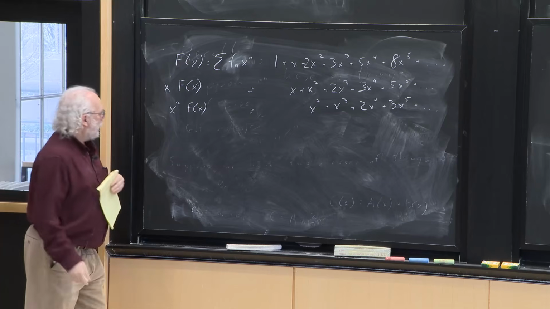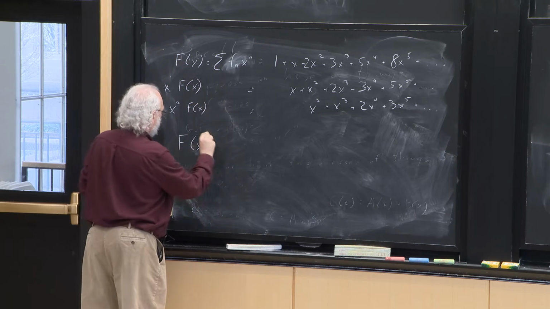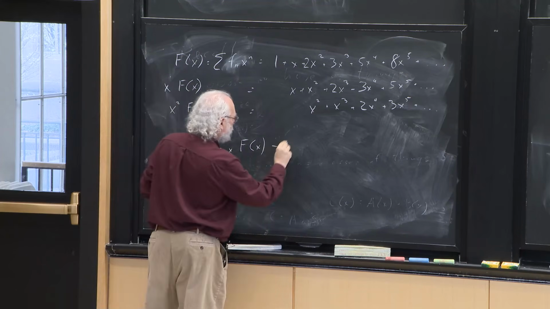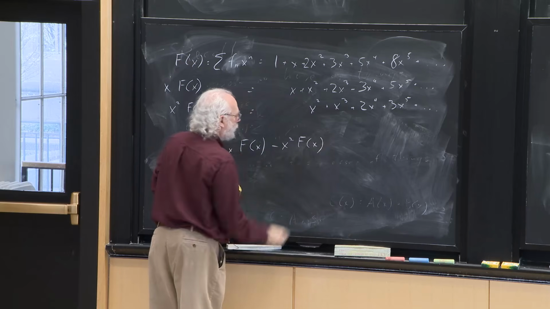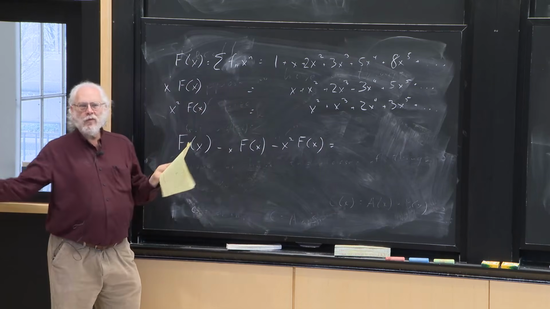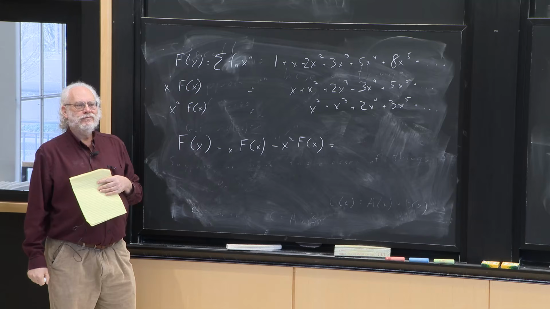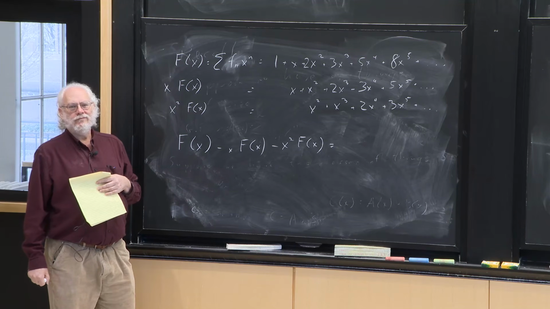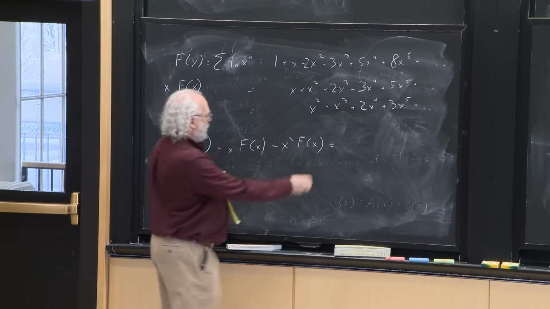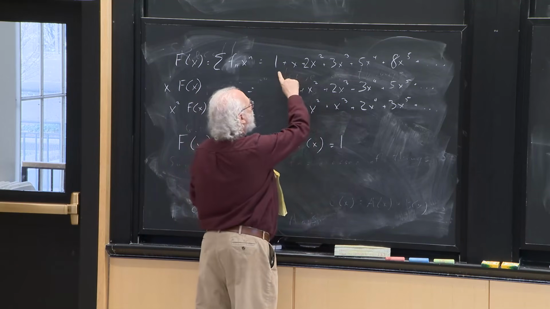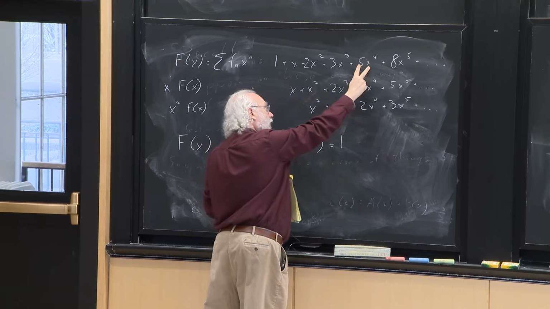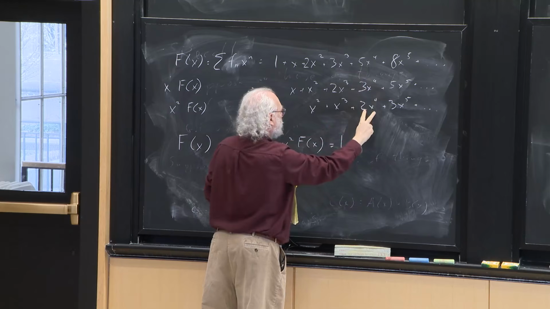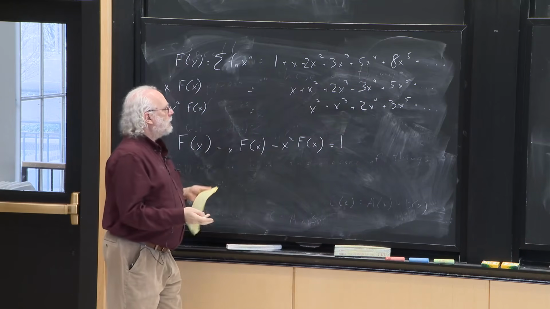Subtract them. Very good. F of x minus x F of x minus x squared F of x equals, can anybody tell me what this is? One, exactly. So it's 1 because for anything after the first term, we have f sub i minus 1 and f sub i minus 2, and when we subtract, we get 0.